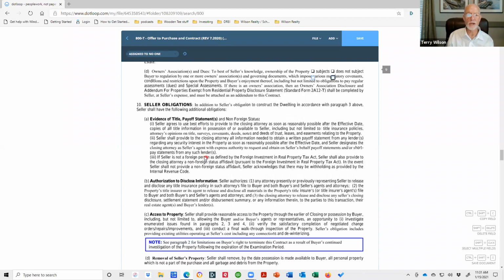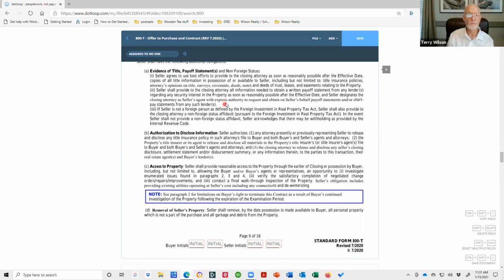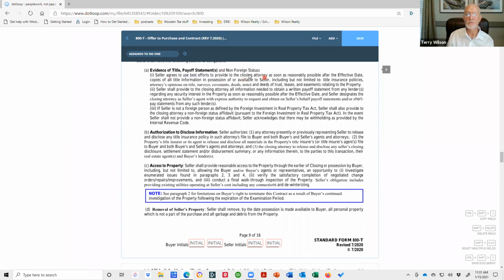Seller has obligations. They have to provide evidence of title that they really do own the property. They have to provide a payoff statement. Seller agrees to use their best efforts to provide the closing attorney by the effective date copies of any insurance policies they had, opinions of title, surveys, covenants, deeds, notes, deeds of trust, leases, easements, blah, blah, blah. Seller shall provide to the closing attorney all information needed to obtain a written payoff statement from any of the lenders regarding any security interest in the property.